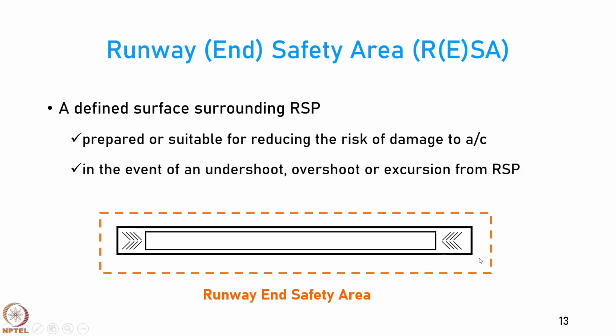Now, the RSA or the RESA is prepared or suitable for reducing the risk of damage to the aircraft, because while operating, the aircraft might temporarily go in this area, and in the event of an undershoot or overshoot or excursion from the runway structural pavement, this area provides it safety, especially at both ends of the runway.